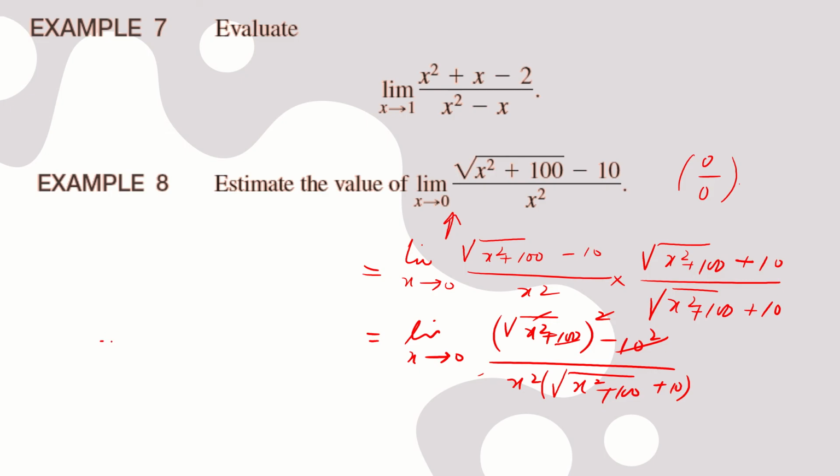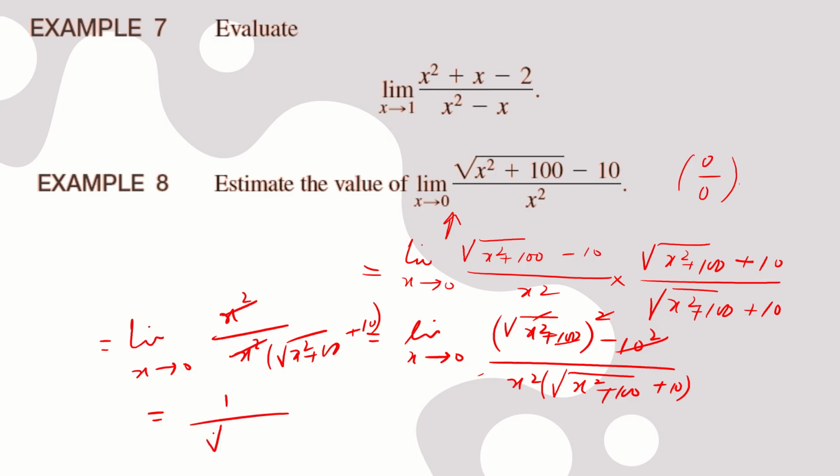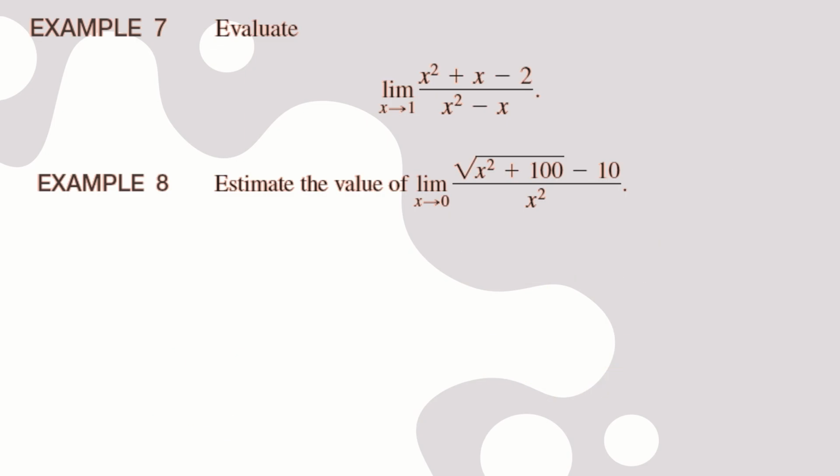So this is equal to limit x goes to 0, x square divided by x square into under root x square plus 100 plus 10. We can cancel these together and then we apply limits. So we get 1 divided by under root 0 plus 100 and then plus 10, which gives you 1 by 20, because from here we get 10, so 10 plus 10 is 20. So limit of this function will be 1 by 20.